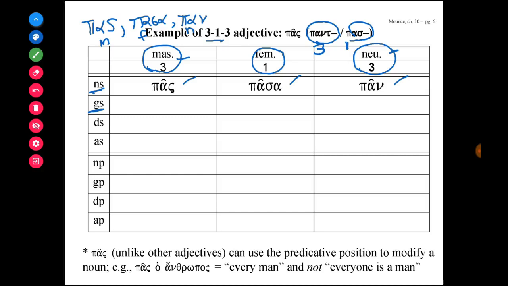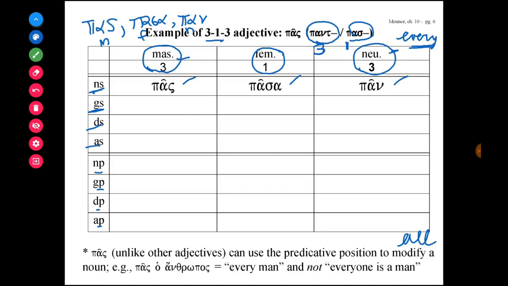And so when we learn pas, pasa, pan, which, by the way, means every in the singular, all the singular forms should be translated as every. And then all the plural forms should be translated as all. So this is every in the singular, all for the plural forms.